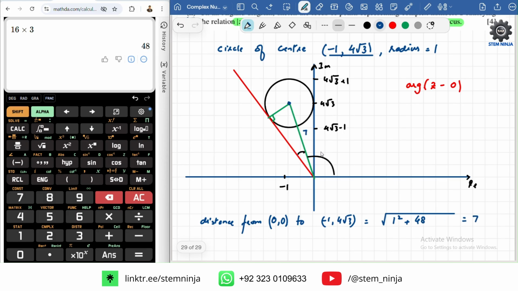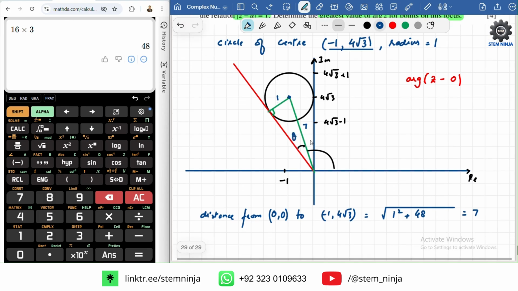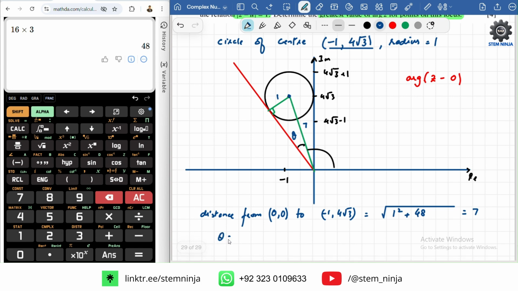That means this length is 7. We know the radius to be 1, so we can find this particular angle. So theta would be sine inverse of 1 over 7.